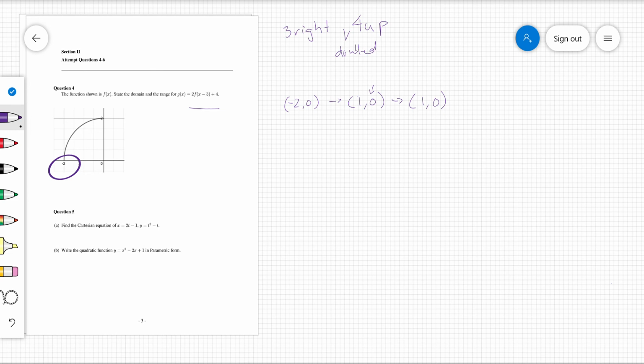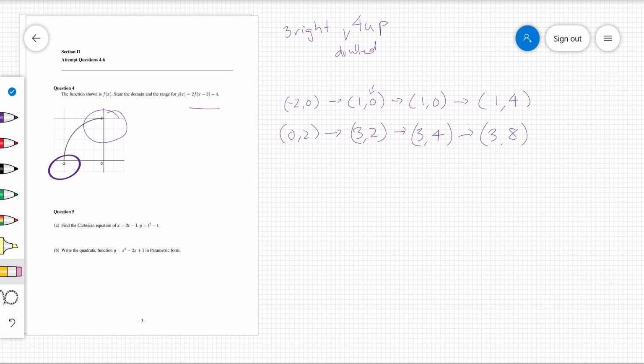If I then went 4 up, it would go up to 1, 4. If I do the same thing with this coordinate here, so here I've got 0, 2, that point is also going to go 3 to the right, so that becomes 3, 2. Doubling the y value, it becomes 3, 4, and I'm going 4 up, so that's going to go to 3, 8.